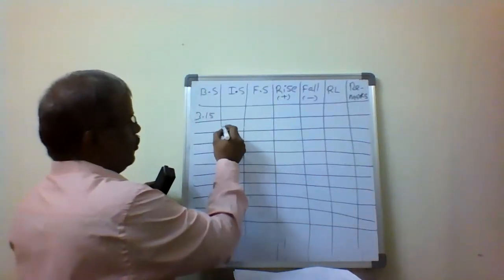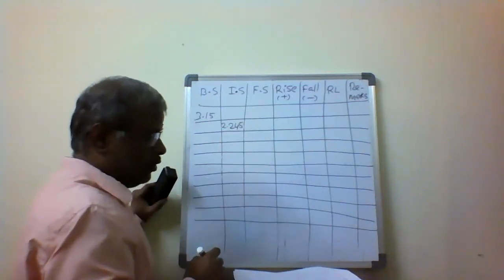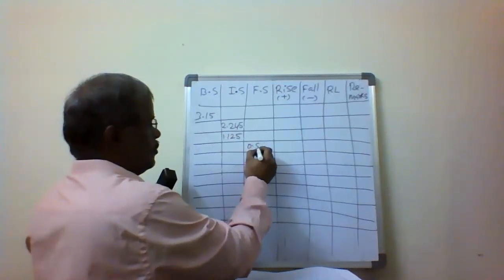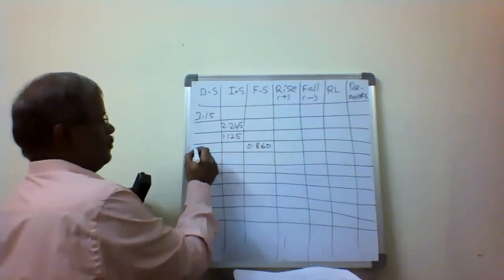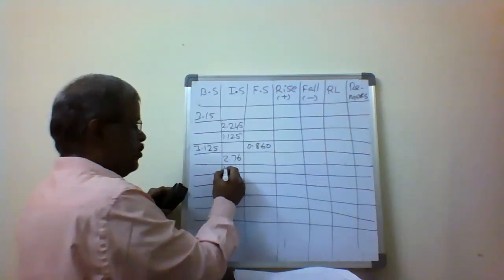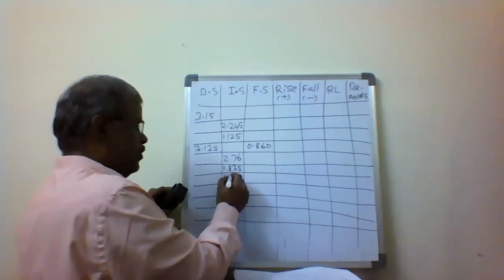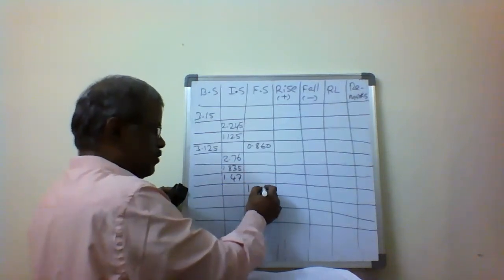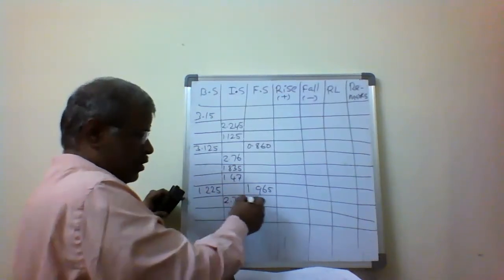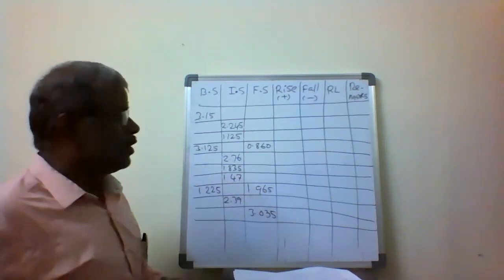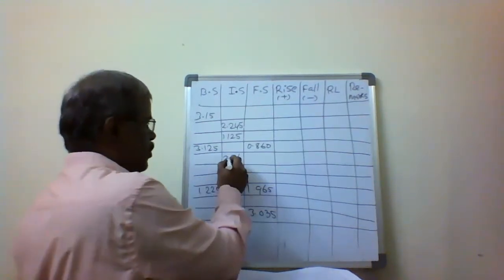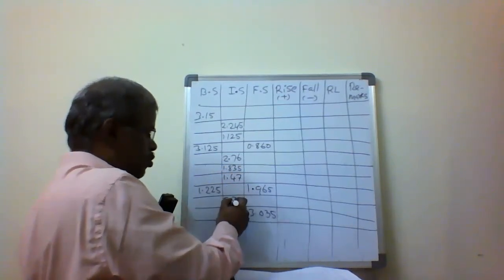So these are the readings: 3.15, 2.245, 1.125, 0.86, 3.125, 2.76, 1.835, 1.47, 1.25, 1.965, 2.39, 3.035.